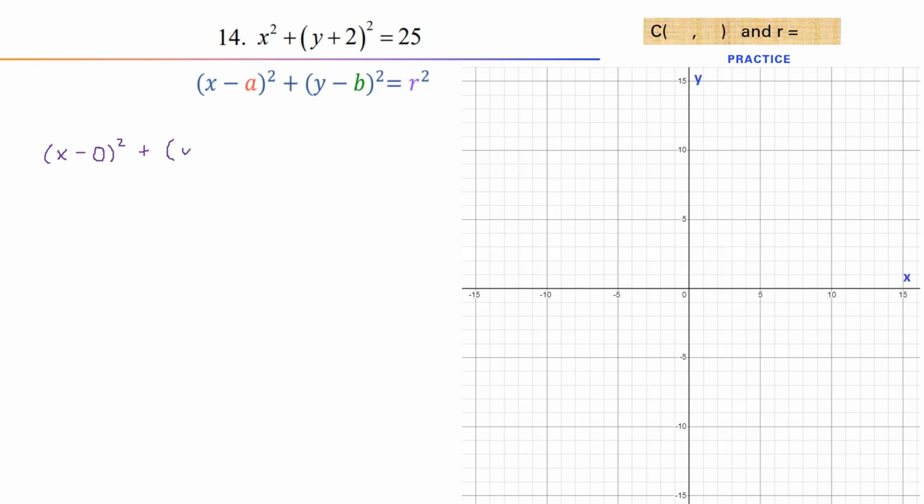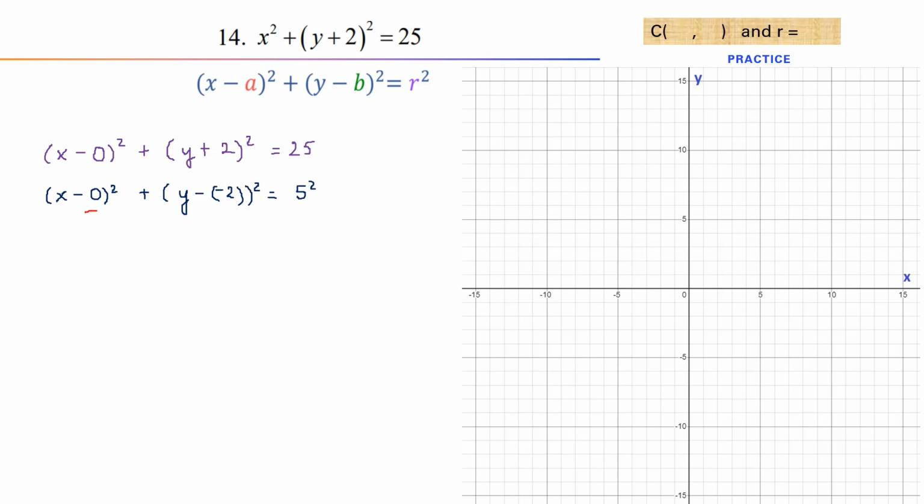And then plus y plus 2 squared equals 25. So now we rewrite one more time: x minus 0 squared plus y minus negative 2 squared equals 5 squared.